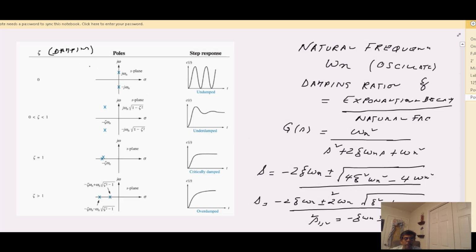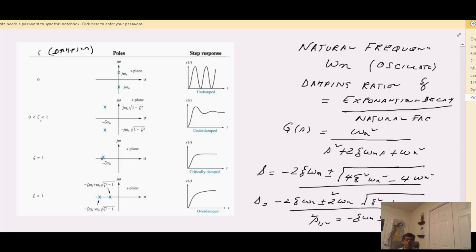So you'll have two imaginary poles here. And you recall from the previous discussion, that becomes an undamped system. It means it's oscillating. So whenever zeta, the damping ratio, is equal to 0, we have a natural frequency, and the system is oscillating.